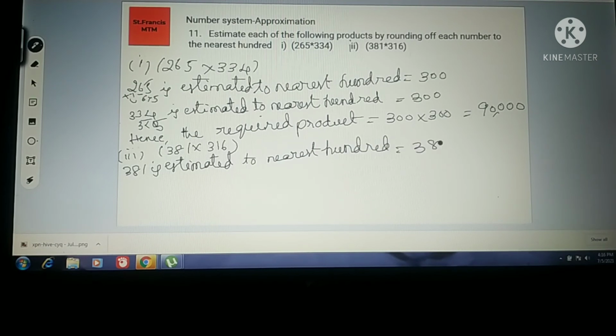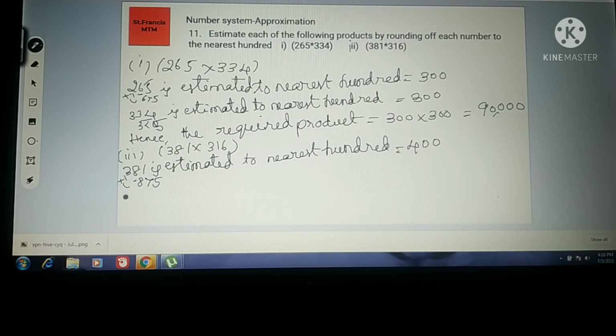We have to do the nearest 100, so look at the tens digit. The tens digit is greater than 5. We have to add 1 to the hundreds digit. 400.